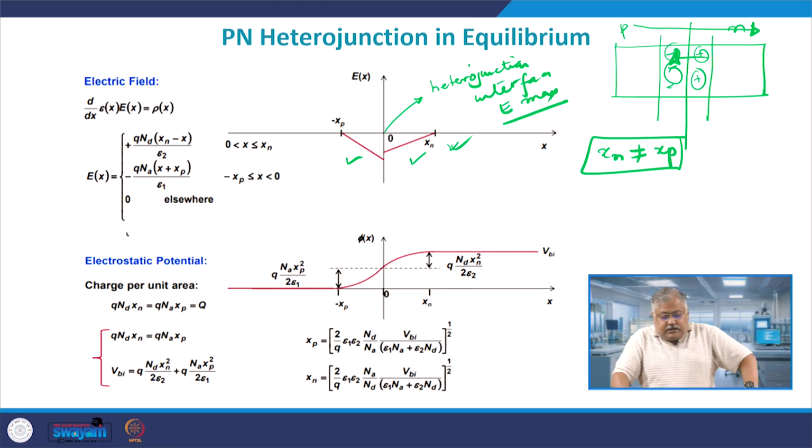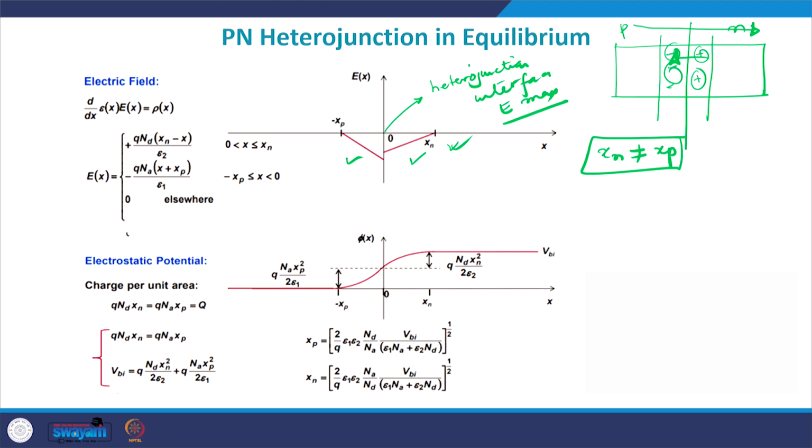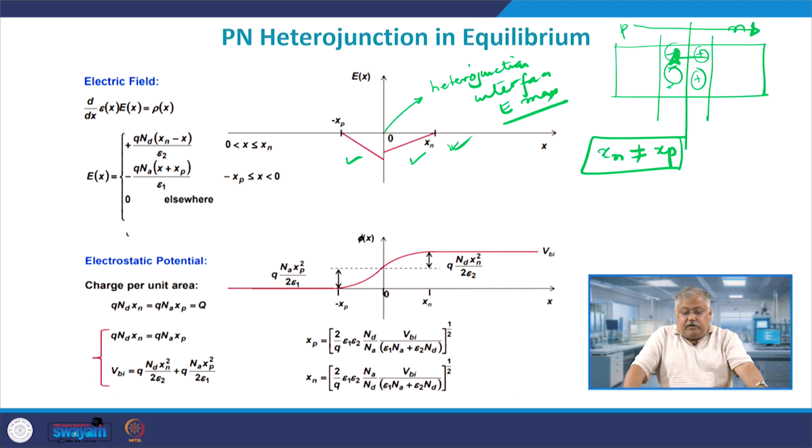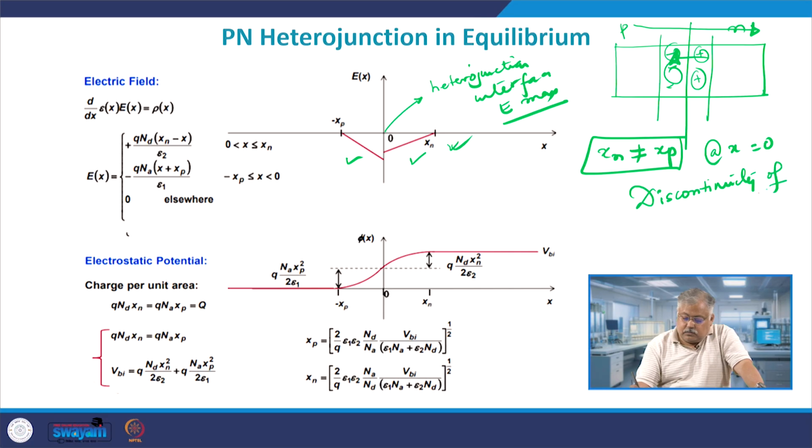Now you understand there is one problem with this graph, actually not a problem, but you need to find out where it is. You see there is a discontinuity in the electric field at x equals 0. This is the discontinuity of electric field; it is coming here and starting from here.